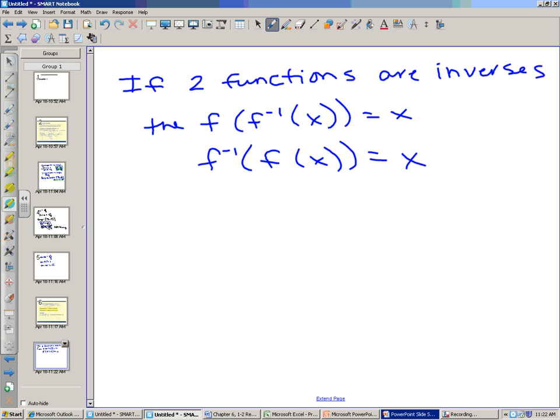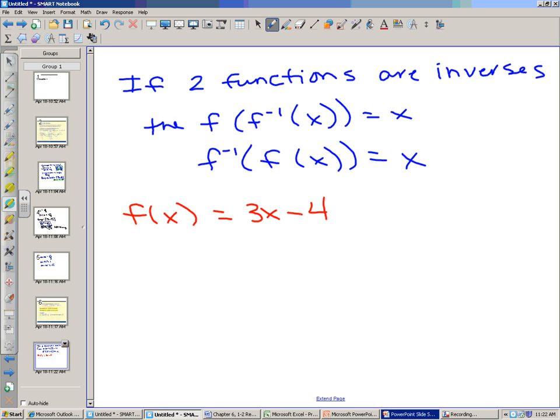Now, we did composite functions or composition previously. If you recall, I give you a function, let's say f of x is equal to 3x minus 4. How did you find the inverse of that?